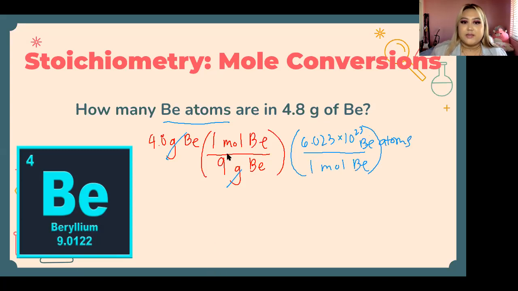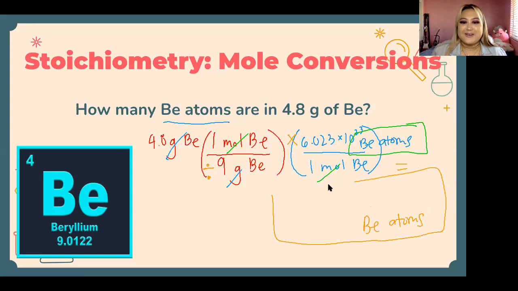So then that mole crosses off and we're left with Be atoms. And remember, when you're doing unit conversions, if it's on the bottom, you have to divide. If it's on the top, you have to multiply. And then you get the answer. Any questions on how to get to Be atoms? Anyone have the answer to the Be atoms?